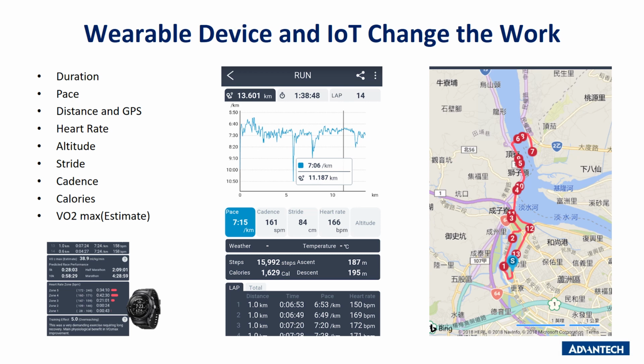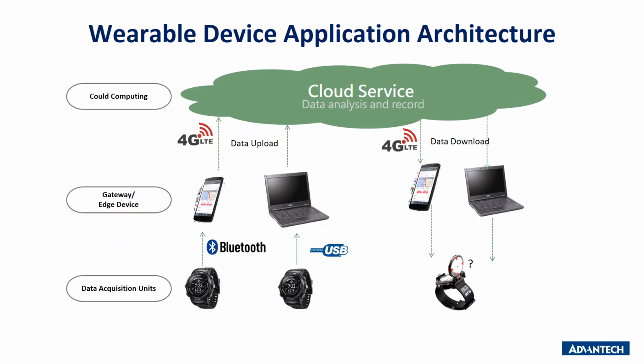You don't need any professional skills to easily get and monitor your sports status. It can easily show your sports data including duration, pace, distance, GPS, heart rate, altitude, stride, cadence, calories, VO2 max, and so on. Most of the watch manufacturers also provide useful apps and dashboards to show your sport's historical process.